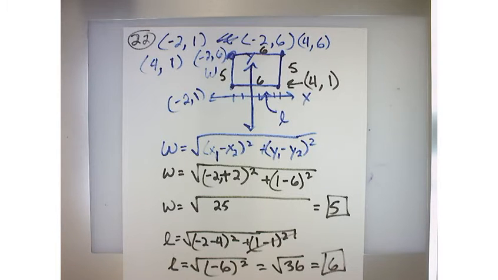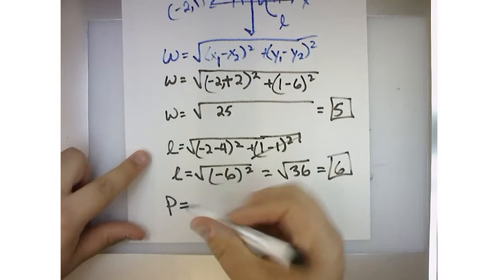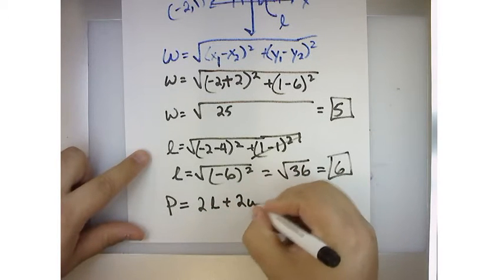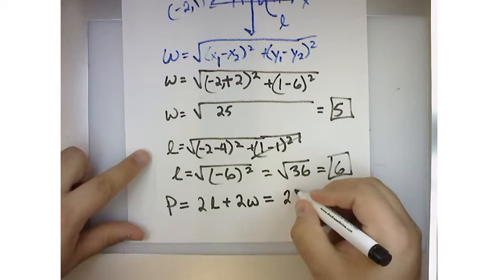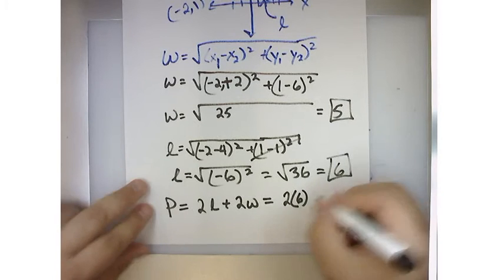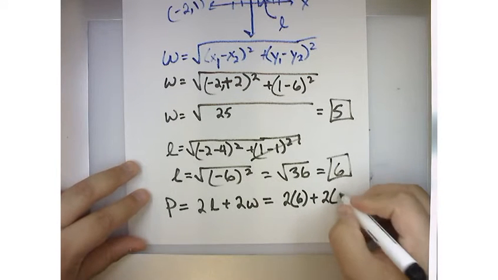Yeah, it's 2L plus 2W, right? So the formula is 2 times the length plus 2 times the width, or in this case, 2 times 6 plus 2 times 5.